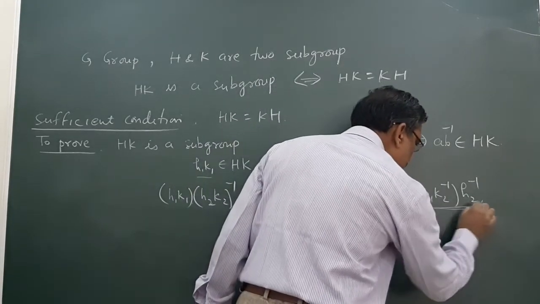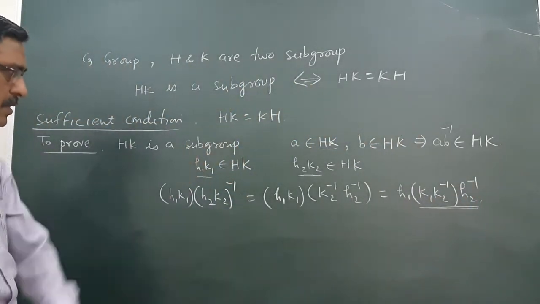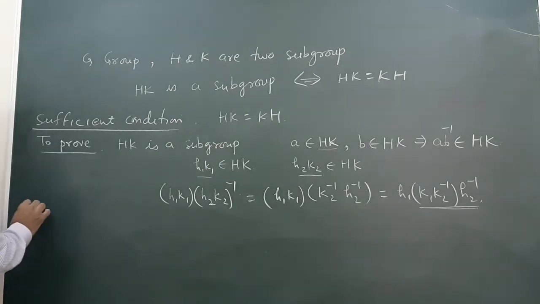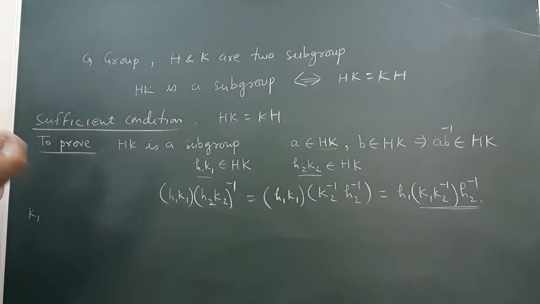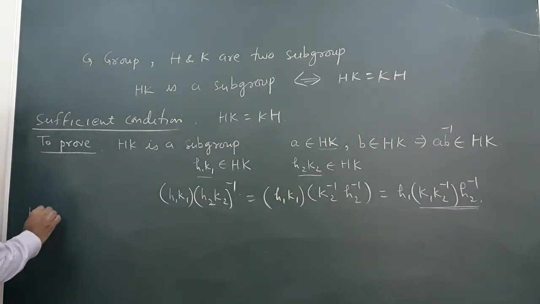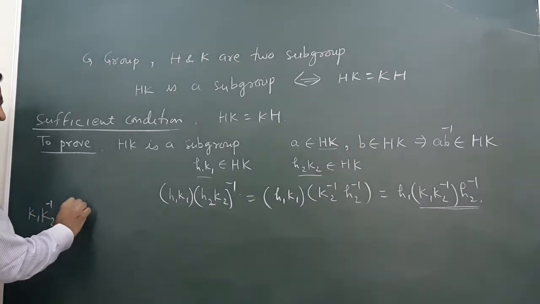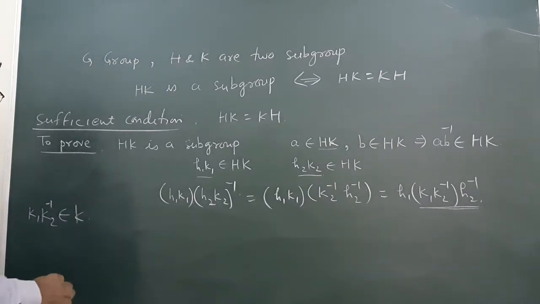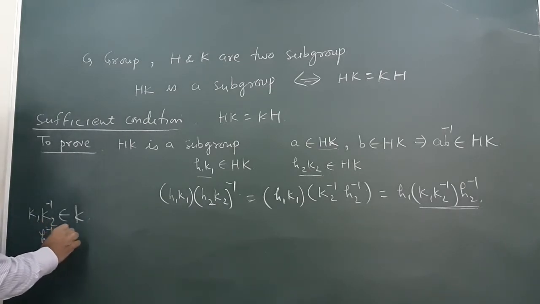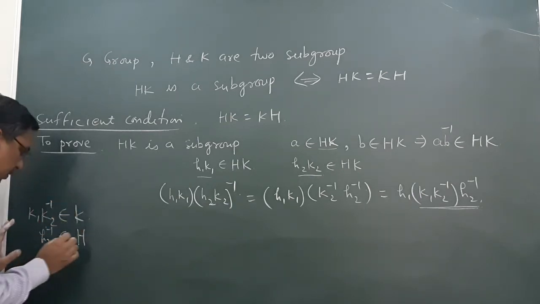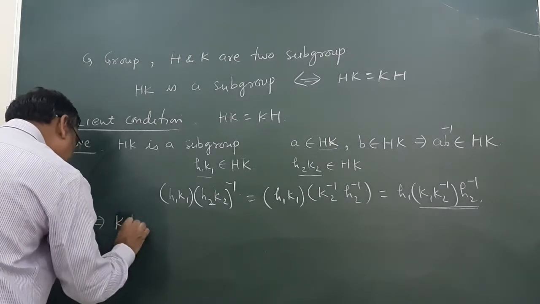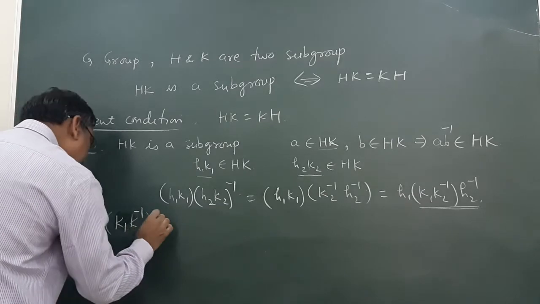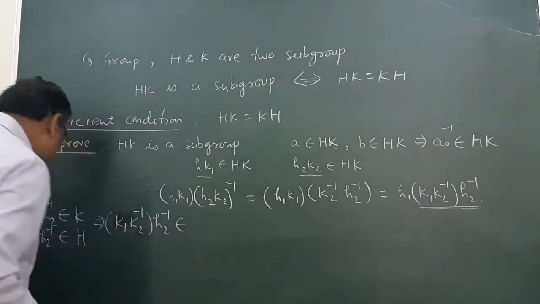Now think about this. K1 K2 inverse: K1 belongs to K, K2 inverse also belongs to K. So K1 K2 inverse belongs to K and H2 inverse belongs to H. Thus, with the help of the closure property, K1 K2 inverse H2 inverse belongs to KH.